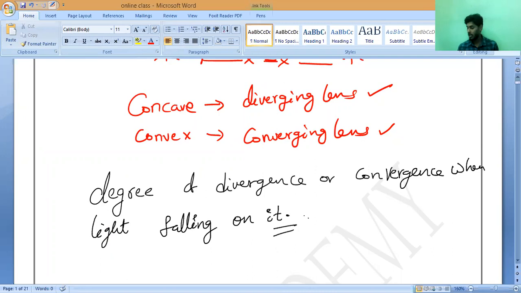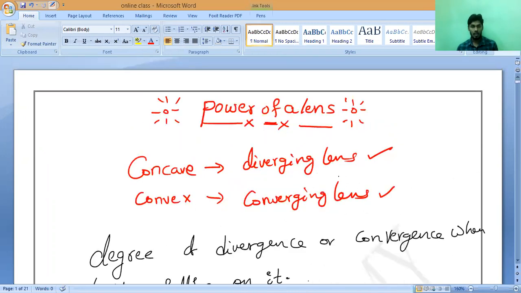So this is what we call the power of a lens. All of you should remember this.